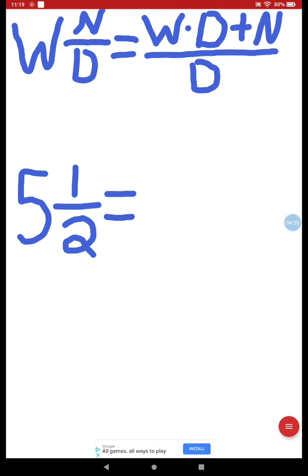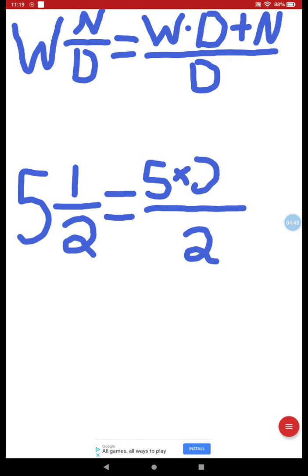Well, I can convert it to an improper fraction. So remember, using our formula, fraction bar, 2 is going to stay our denominator. 5 times 2 plus 1. Okay, what is 5 times 2? Good, it's 10. What's 10 plus 1? Very good.